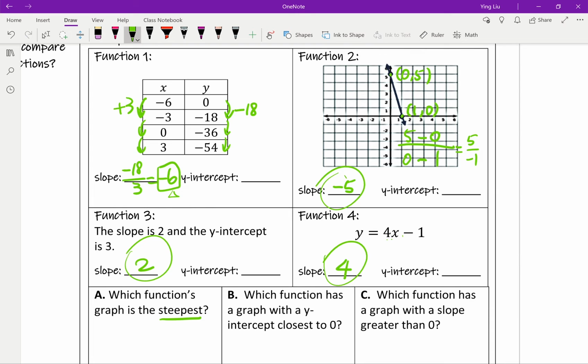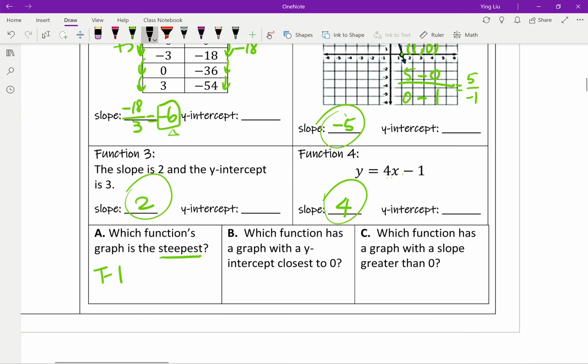So function 1 has the steepest graph. I want to make a note here: if we're looking at the steepness, we just look at the number, not the sign, because the sign has nothing to do with the steepness. It just tells us the direction of the line.